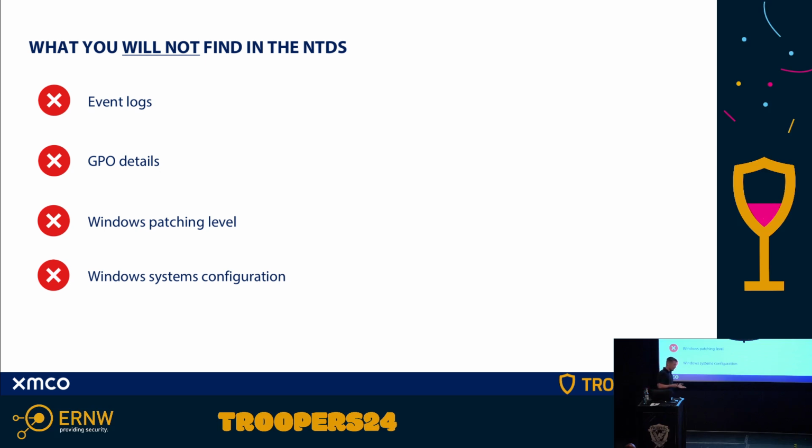We have talked about what we could find in the NTDS, but what is not part of the NTDS, but very interesting from a security perspective? Event logs for forensic investigation are not part of your NTDS, of course. If event logs were in your NTDS, it would be so big you wouldn't be able to read it.